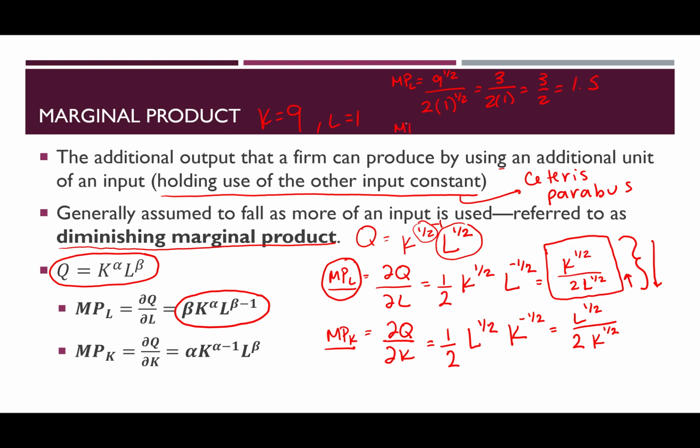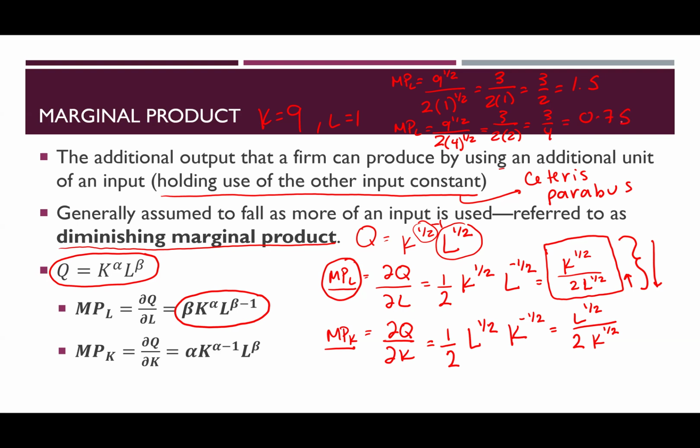If instead we're looking at our 4th laborer, we have capital still 9, so 9 to the 1/2 power, all over 2 times 4 to the 1/2 power. That's going to get us 3 over 2 times 2, so 3/4, and now we're at 0.75.